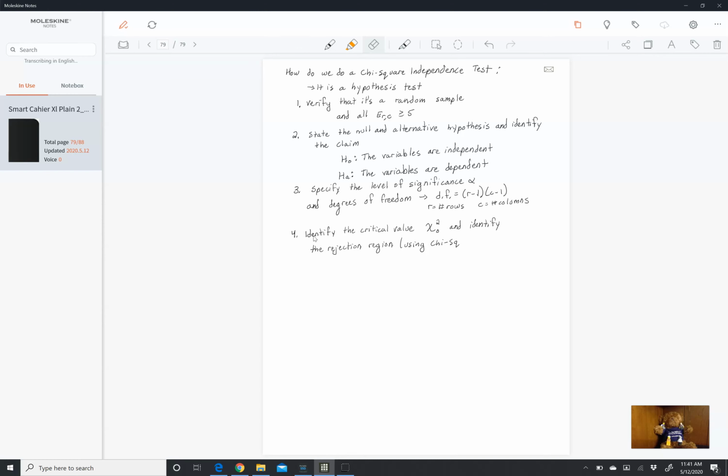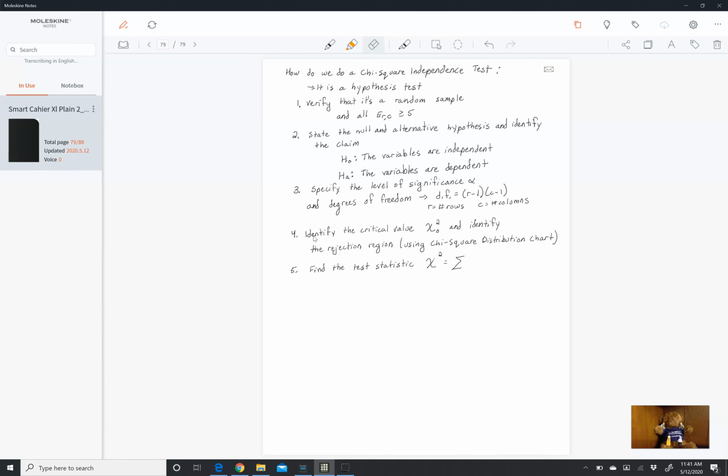As soon as you see that it's a chi-square independence test, you're going to know to use the chi-square distribution chart. Then you're going to find the test statistic. The test statistic here is exactly the same as the test statistic for the goodness of fit test.